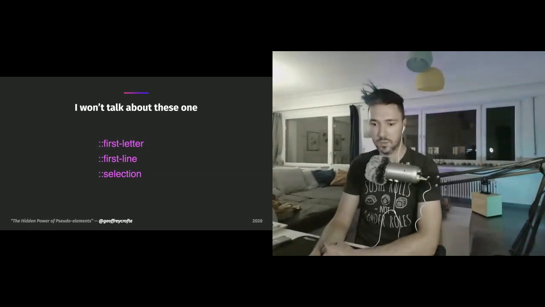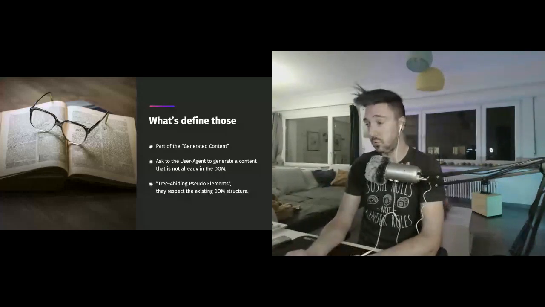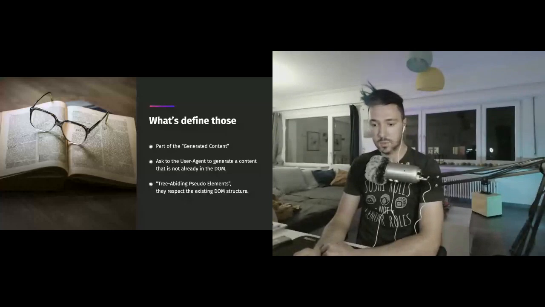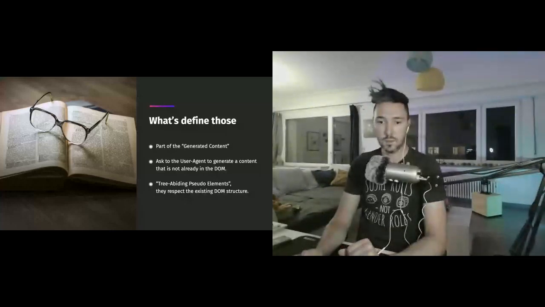You have typographic pseudo-elements, like first-letter and first-line, which allow you to style typographic stuff. You have highlight pseudo-elements, like selection, which allows you to style what the user highlighted on your page. So yeah, you can change the aspect of the selection within a web page.